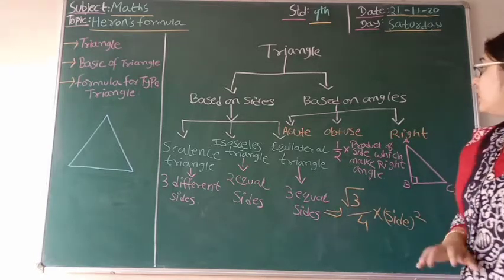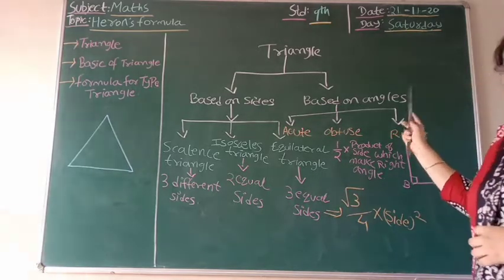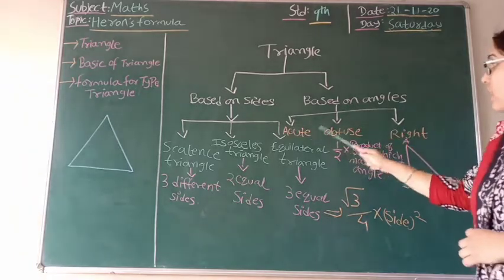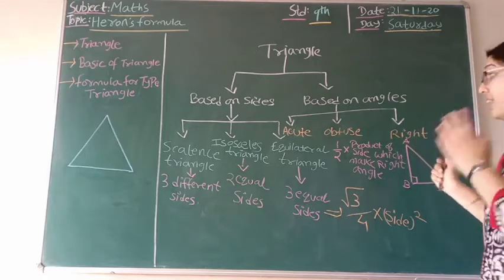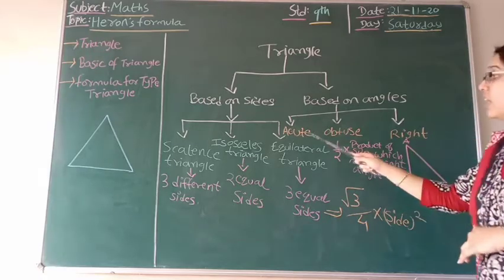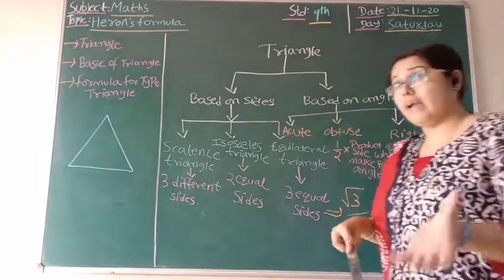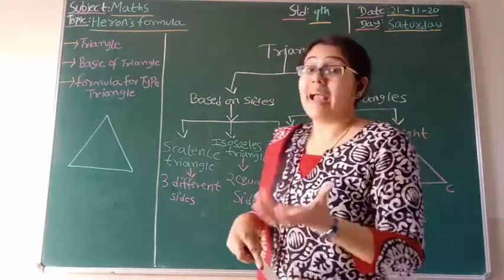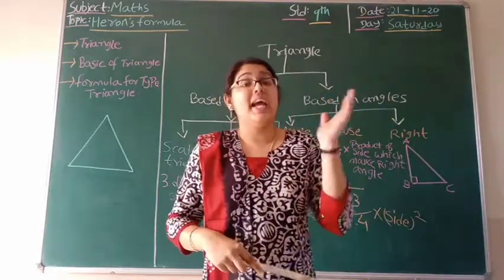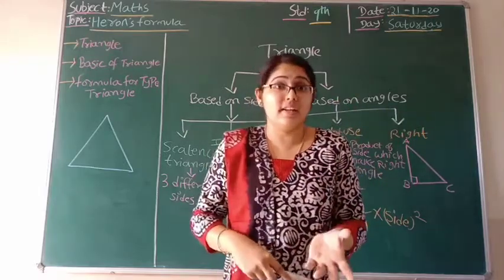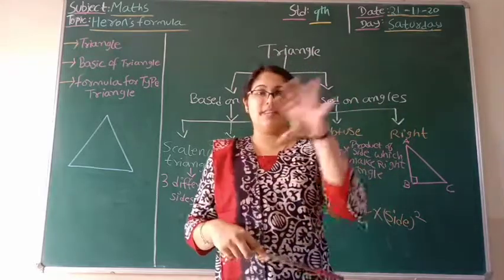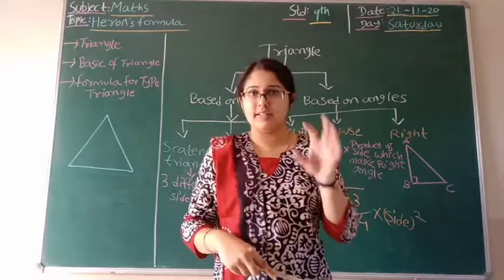Then we have seen triangles based on angles, that is acute angle, obtuse angle, and right angle. Specifically, an acute angle means an angle less than 90 degrees, and in an acute angle triangle all three angles are acute.